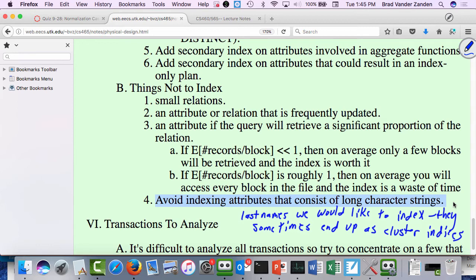So there you might be more likely to put the cluster index on time rather than last name. But the point I'm trying to make is generally we avoid indexing long character strings, but last names are the one exception. We normally end up indexing them somehow because we do so many queries involving last names.